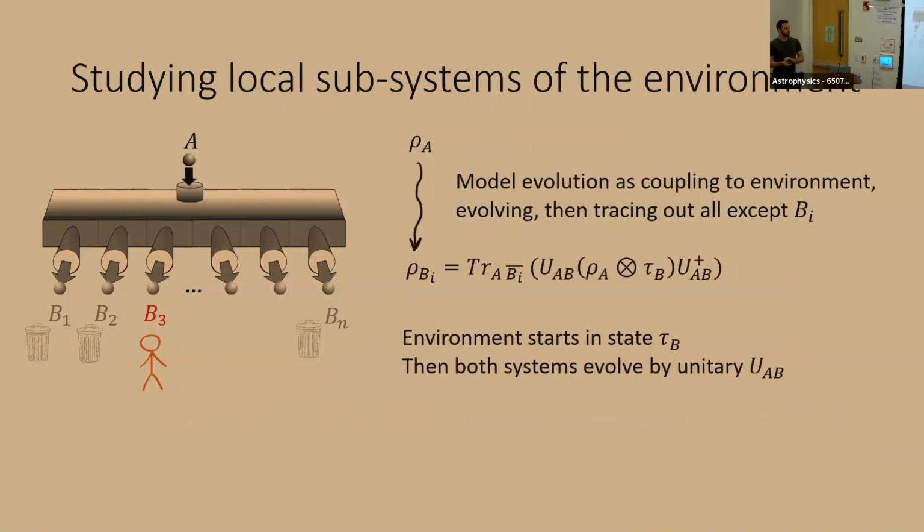So let's start making this a little more explicit. We have our input state rho_A, and then we're going to bring in the system B in some initial state. We're going to evolve the joint system. And then to focus on a single output system, we're going to trace out everything except this one system B_i. So we're throwing these other systems in the garbage.